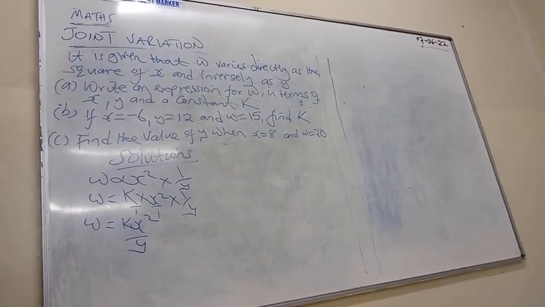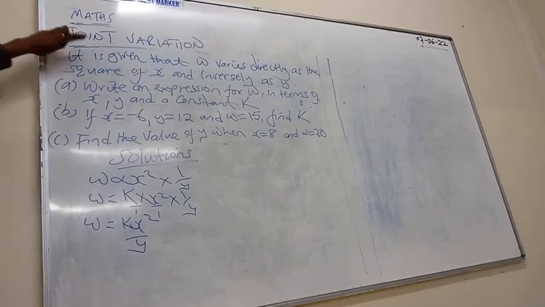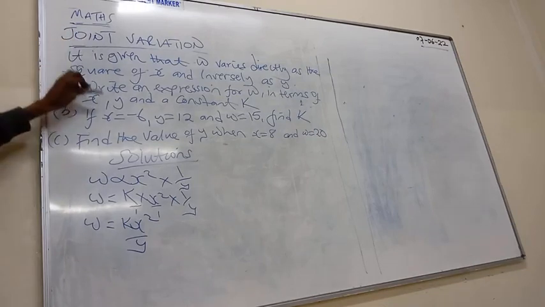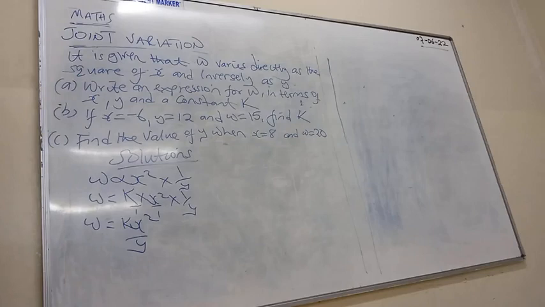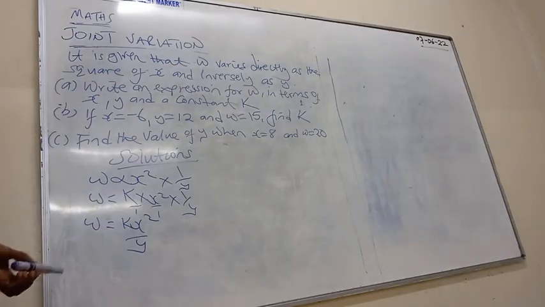So next step, question A, they are saying, write an expression for W in terms of x, y, and a constant k. Now, have you seen that from the beginning, we were not given any value to replace? So it means this question is done. There is no number that we have been given up to question A, so why should we replace anything?